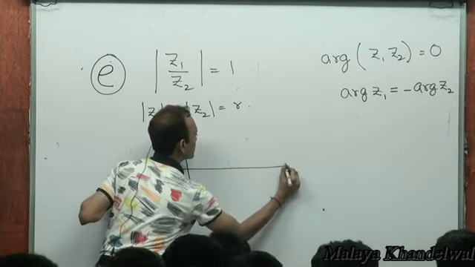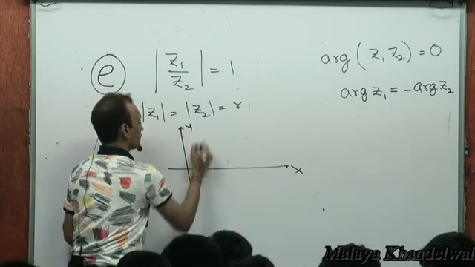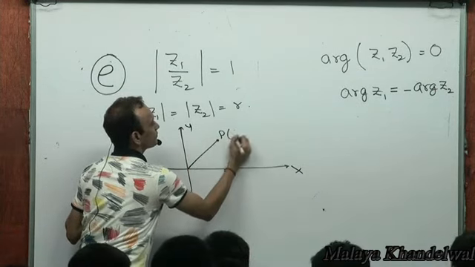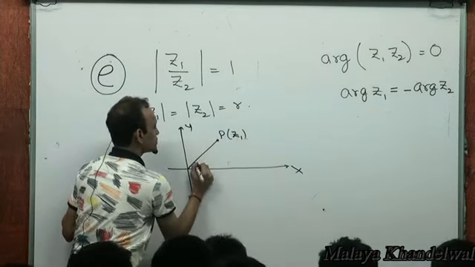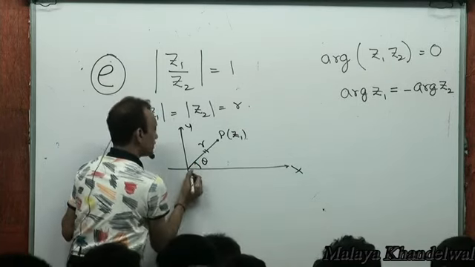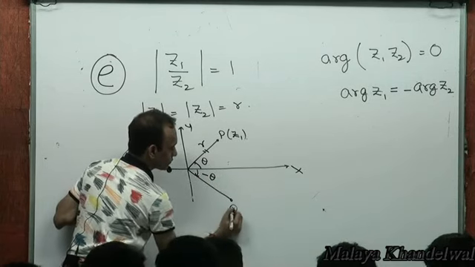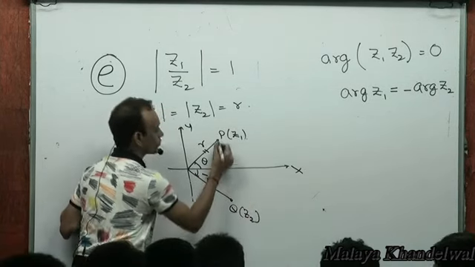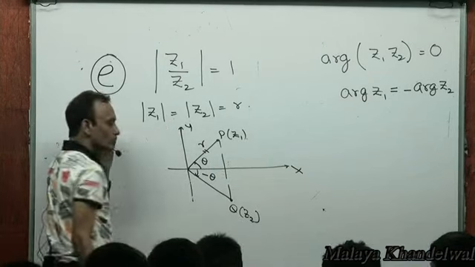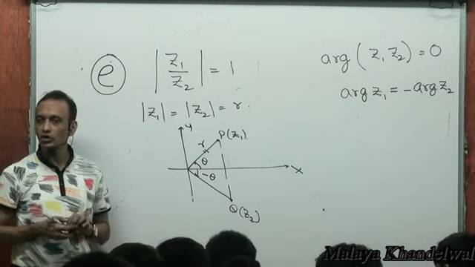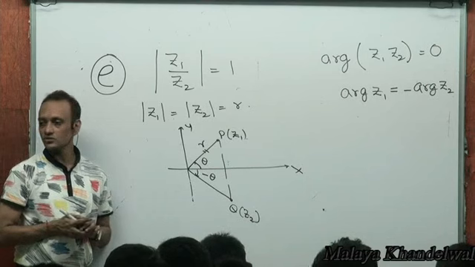That means in the Argand plane, if this is Z1, with this being theta, this being R, then Z2 would be, argument would be minus theta. Such would be Z2. They are conjugates of each other. Yes or no?